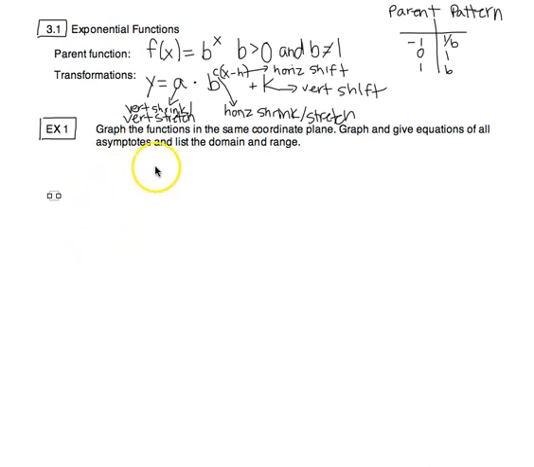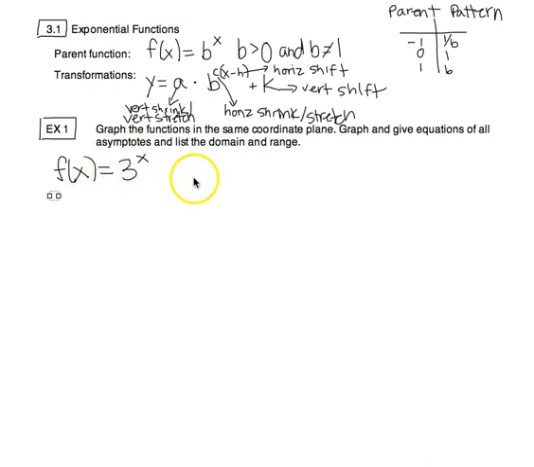So here in example 1, we're going to graph the functions in the same coordinate plane, and we're going to graph and give equations of all the asymptotes and list the domain and range. I really wish my color coding was working because it would be extremely helpful for this example. So I apologize because we're going to have 3 different equations.